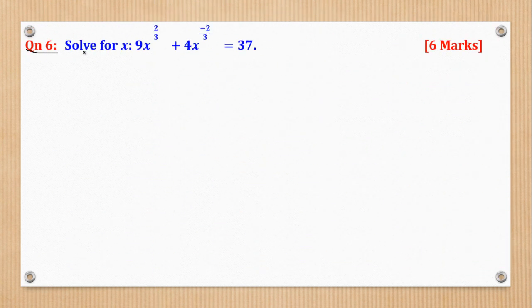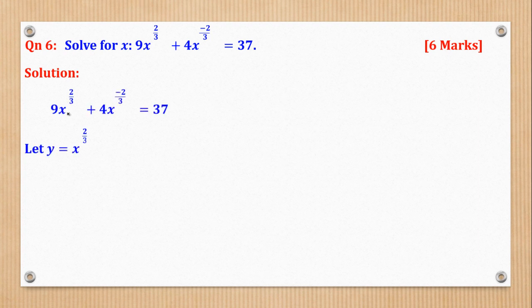Then question 6 says solve for x, and given that. So the first thing to do is to let y be equal to this. So that means we shall come up with 9y plus 4 to power negative 4y power negative 1 equal to 37. This one is the same as this.